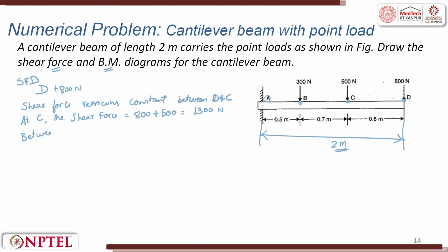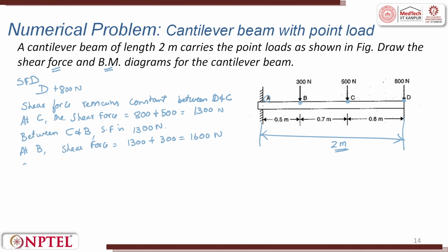Now, between C and B, the shear force is 1300 Newton. At B, the shear force is 1300 plus 300, which is 1600 Newton.